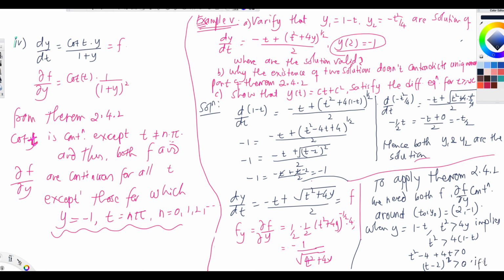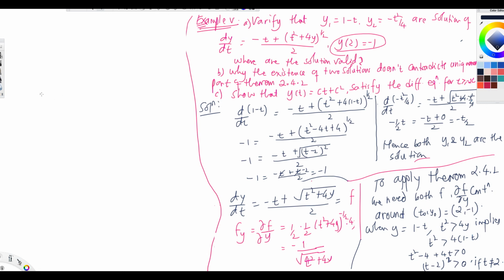If t is not equal to 2, this is positive, meaning both f and f sub y are continuous except at t equals 2. Similarly, if you take another function, y2 equals negative t square over 4, then both f and f sub y will be continuous if t is not equal to 0, okay?